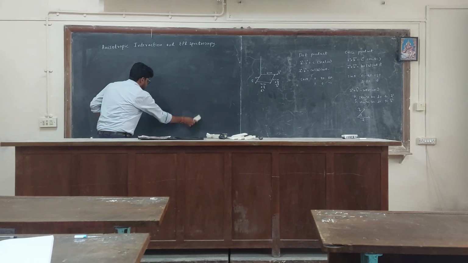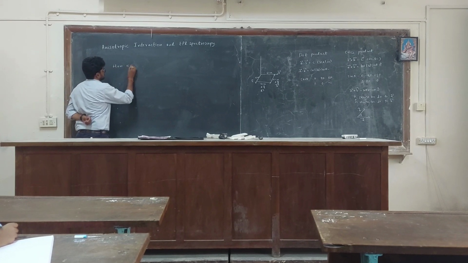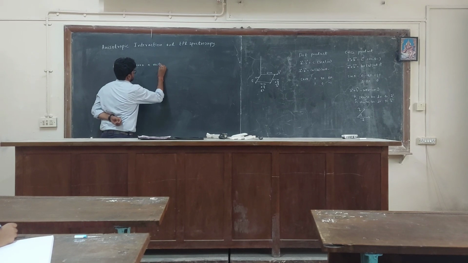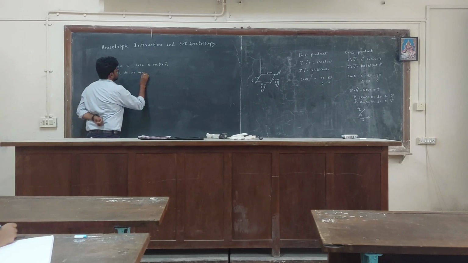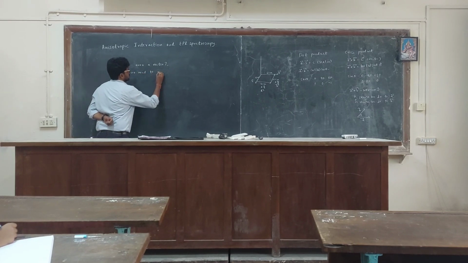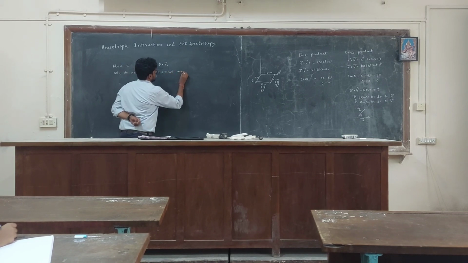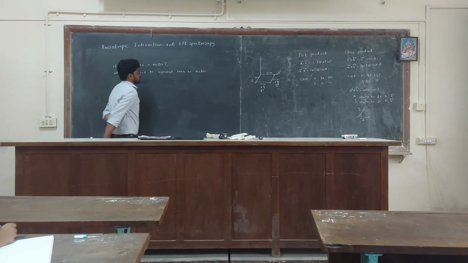So how is area a vector and why do we need such representations? Or why do we need to represent area as vector?